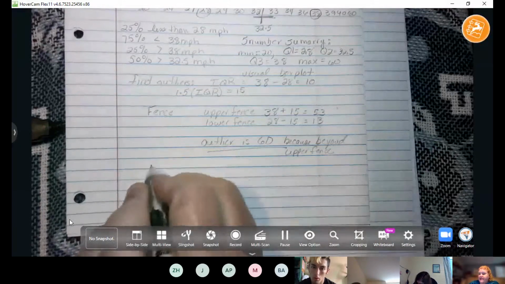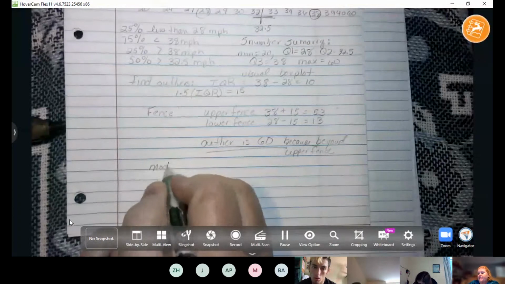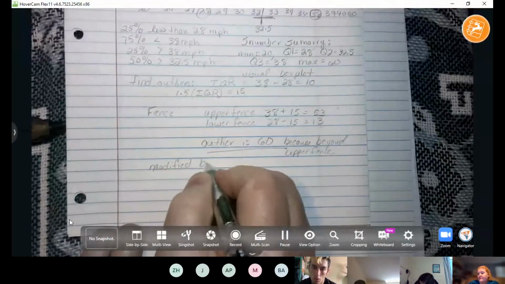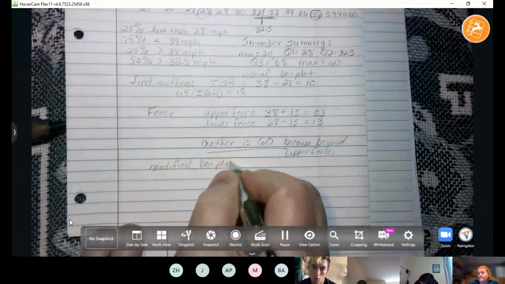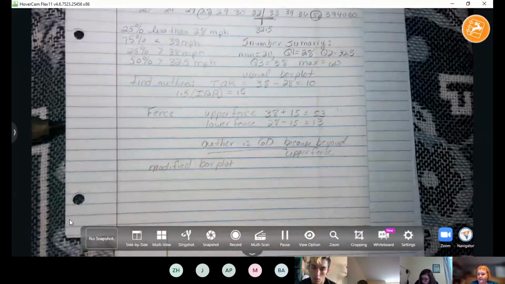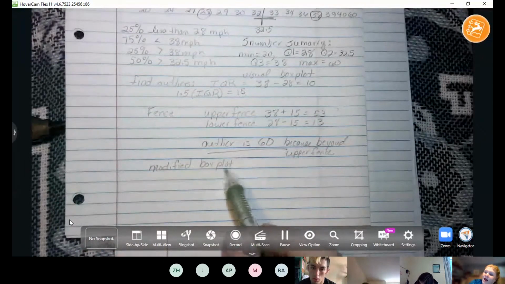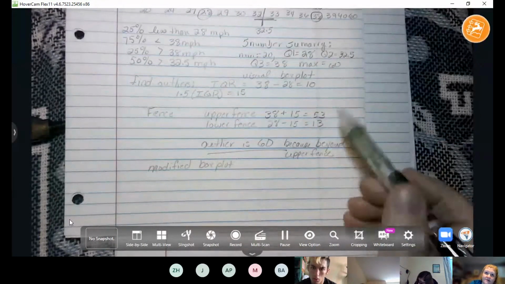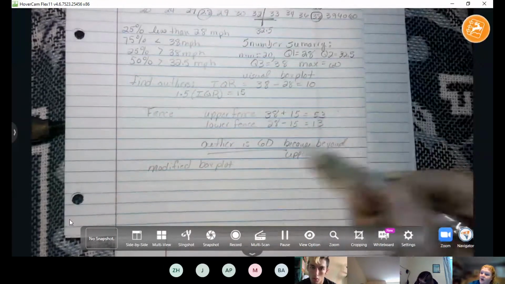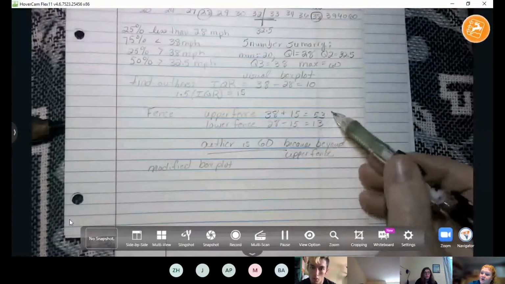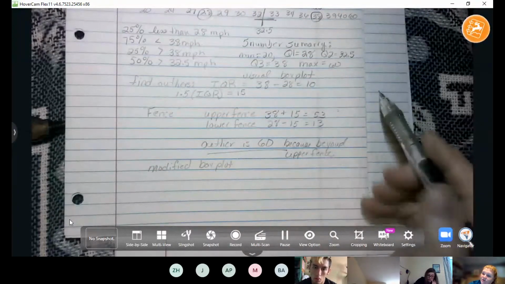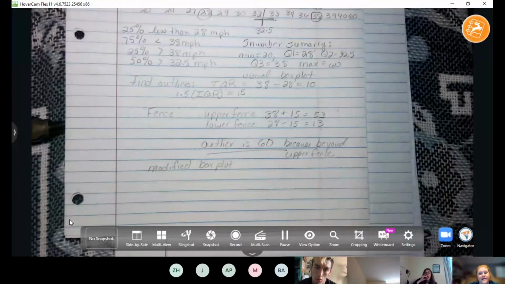And then in your presentation, it talks about creating a modified box plot. The modified box plot draws the whiskers to the fences, not to the end of the data, and then it only uses an asterisk to show where the outlier is.